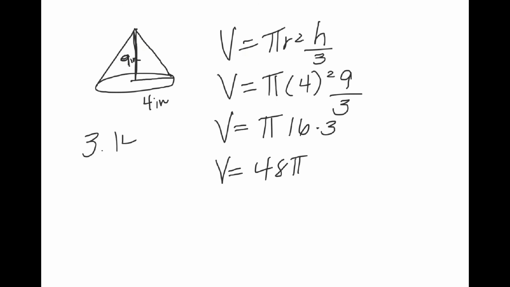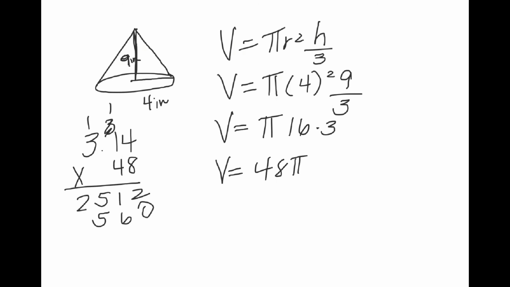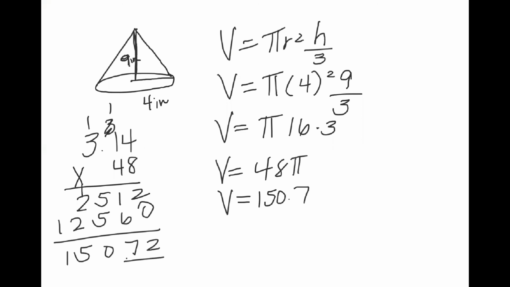And then we just multiply. And we get 2, 7, 10, 5, 1, 2 numbers behind the decimal point. So 150.72 inches cubed.